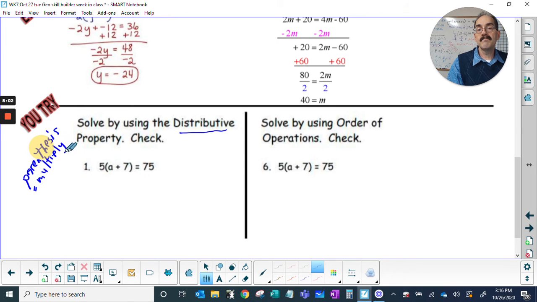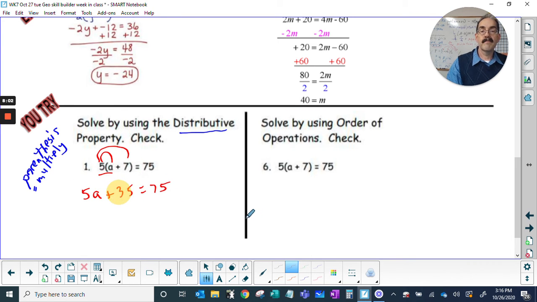So now, wherever you see the 5, you have to multiply it all the way through. 5 times the a gives us 5a. 5 times the 7 gives us 35. And that's equal to 75.